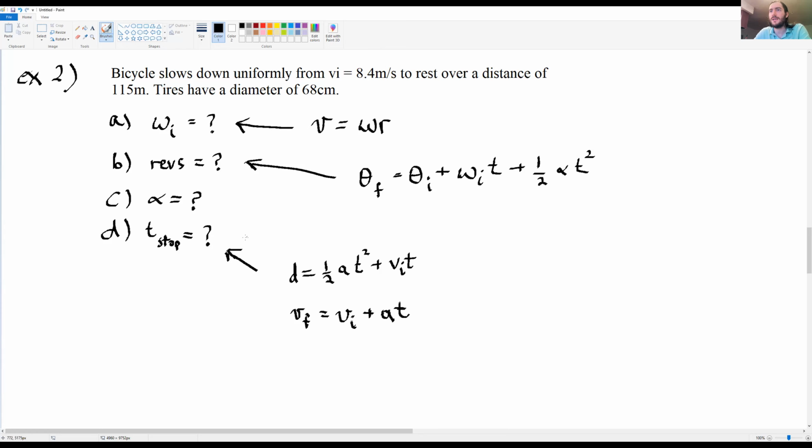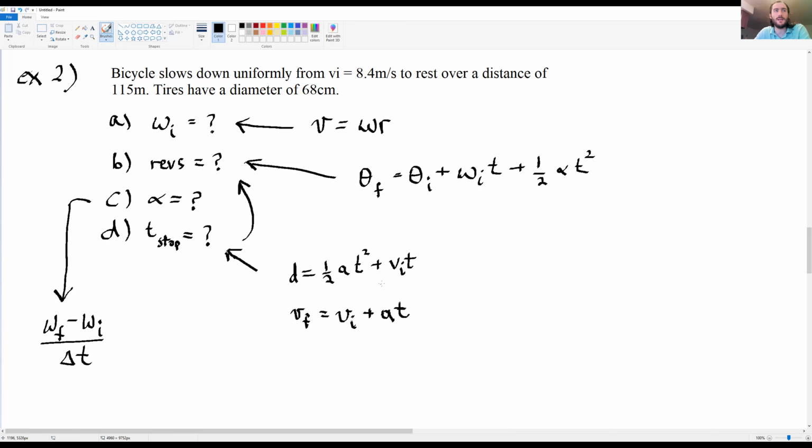So all these equations are valid ways of going after different things. And then once you have t, you can get revolutions. How would I calculate alpha? One way to calculate alpha here would be to look at the definition: omega final minus omega initial divided by delta t. But this is another equation where I don't have t.